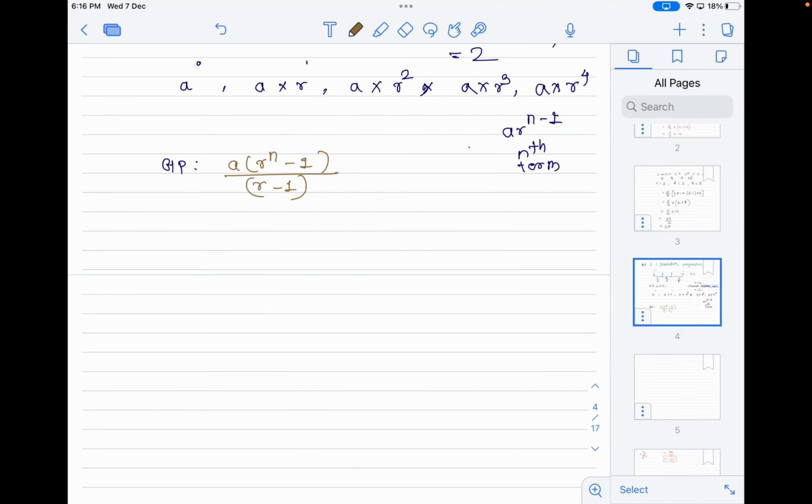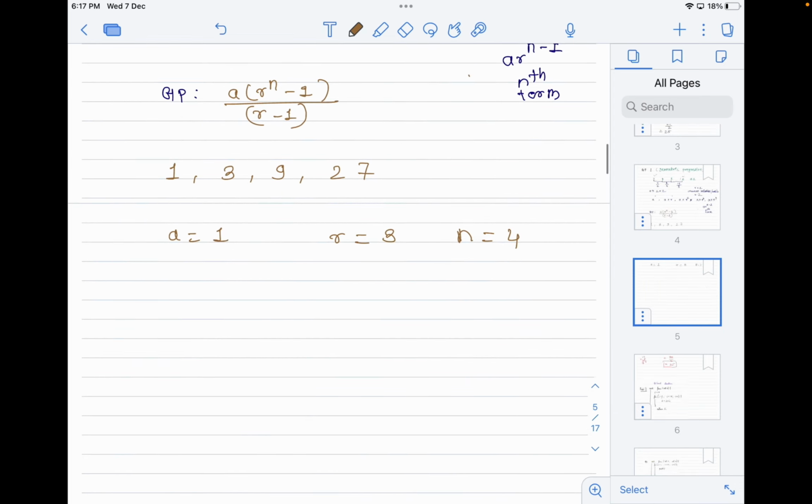Let's take one more example: 1, 3, 9 and 27. Let's find the GP sum of these terms. Tell me, the first term a is 1, R, the common ratio, is 3, and n is the number of terms, which is 4.